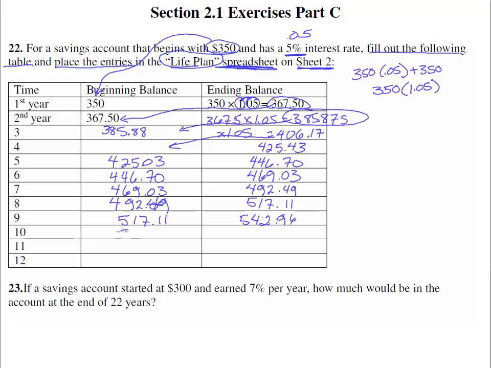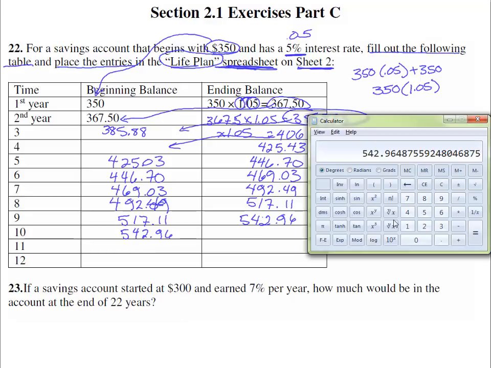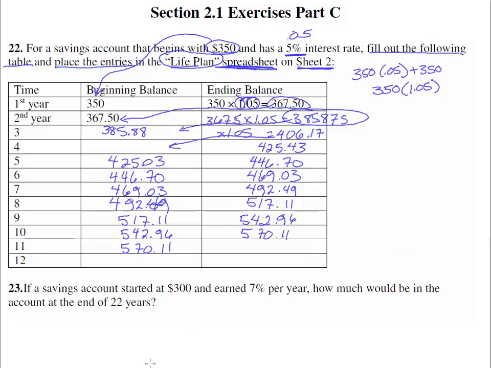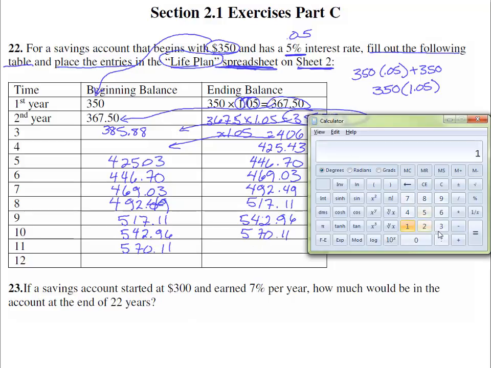542.96. Write that over here and times by 1.05 again, equals 570.11. Write that over here and times by 1.05 again, equals 598.62.